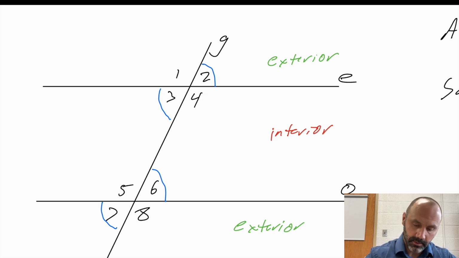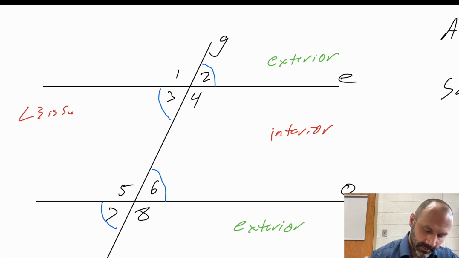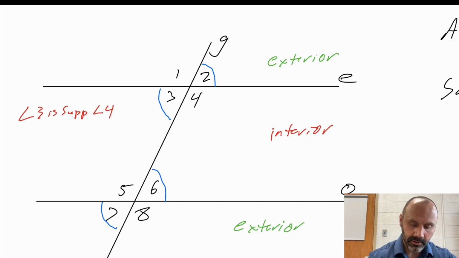And so I'm just going to write over here, angle 3 is supplementary to angle 4. But we also know that angle 3 is congruent to angle 6. And so that means that if 3 and 6 are congruent, and 3 is supplementary to 4, then 6 also has to be supplementary to angle 4.